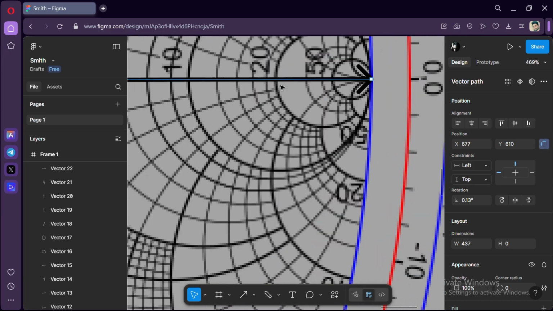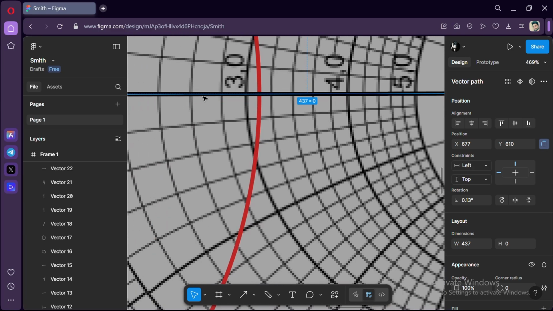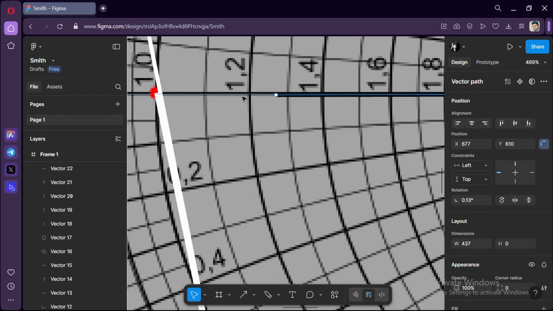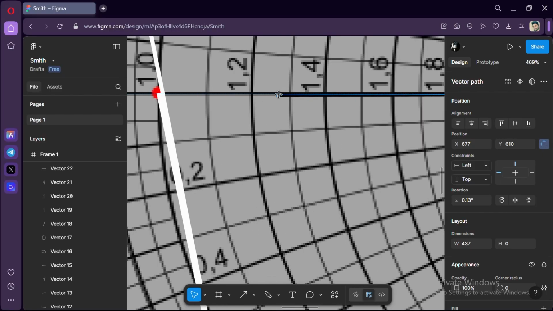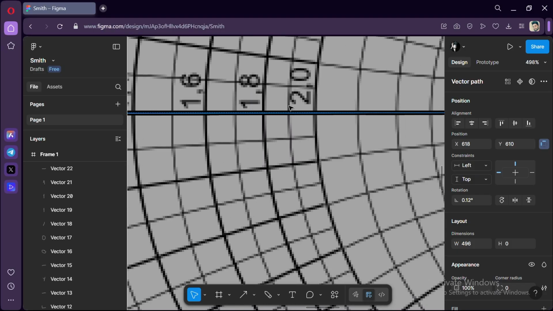Also this needs to go to the center, so it is going to give us the diameter, not the radius.